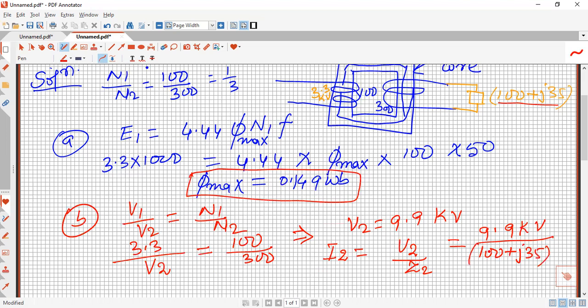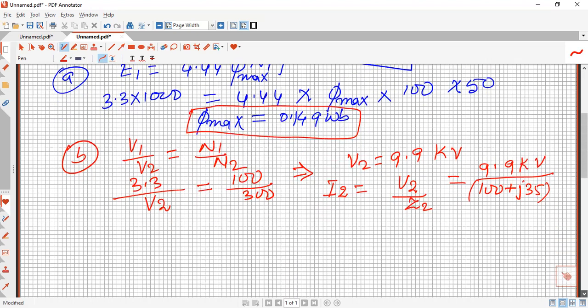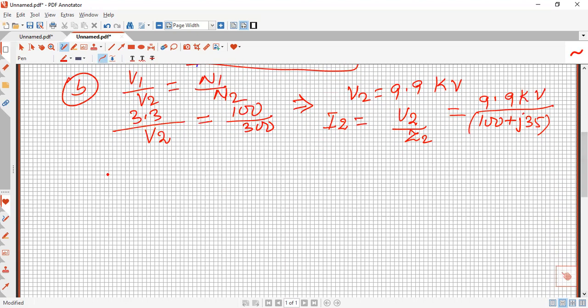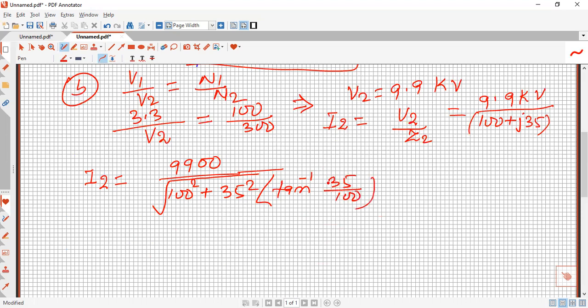Here a very interesting thing in this question is I2. So I2 will be equal to 9,900 divided by the magnitude, which is the square root of 100 square plus 35 square, and there will be an angle also, that is tan inverse of 35 divided by 100, the coefficient of j.